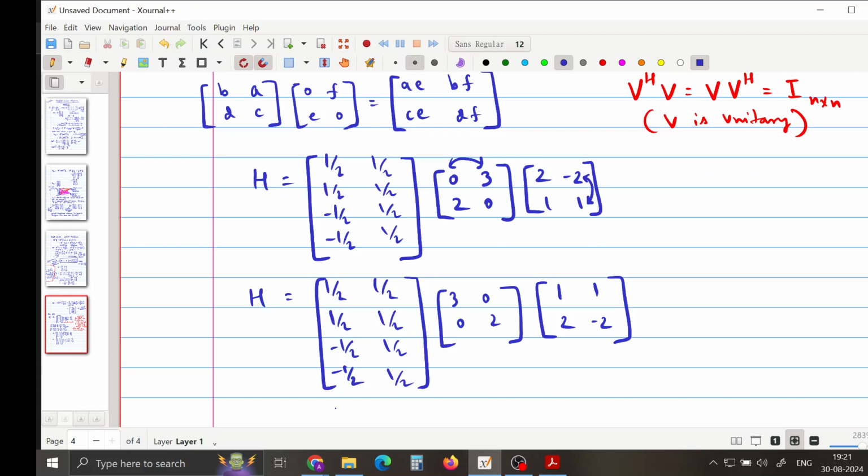Although the U part, which is this first matrix, is in this case a semi-unitary matrix, you can check that if you call this some U, U Hermitian U is indeed identity. So that is met.